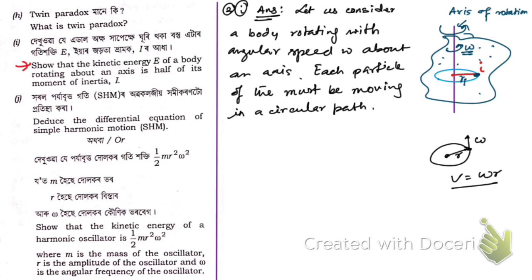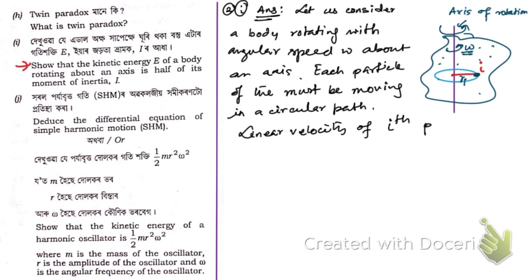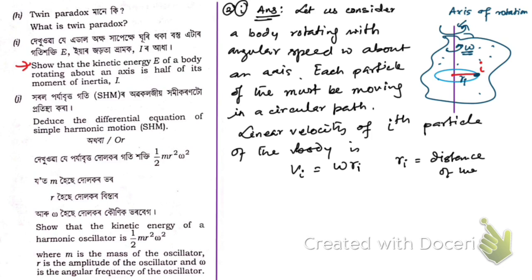So the linear velocity of the ith particle of the body is vi equal to omega ri, where ri is the distance of the particle from the axis of rotation. Hope you have understood this.